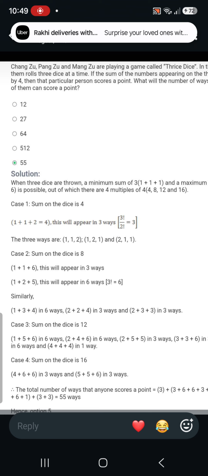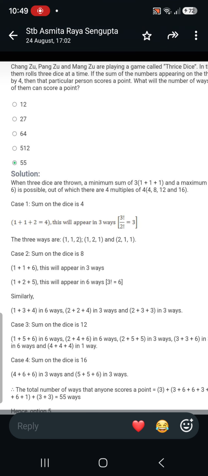So there are 3 ways: 1 1 2, 1 2 1 and 2 1 1 on the 3 dice.